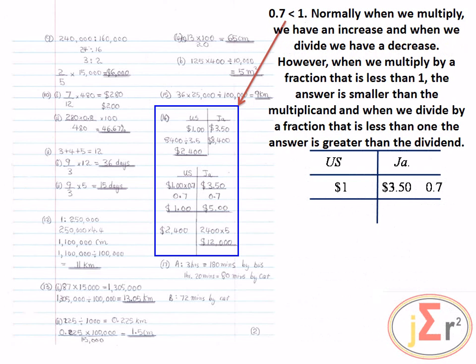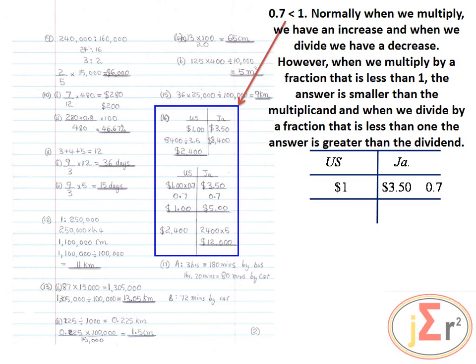Normally, when we multiply we have an increase, and when we divide we have a decrease. However, when we multiply by a fraction that is less than 1, the answer is smaller than the multiplicand, and that multiplicand is the number that we are multiplying by 0.7.